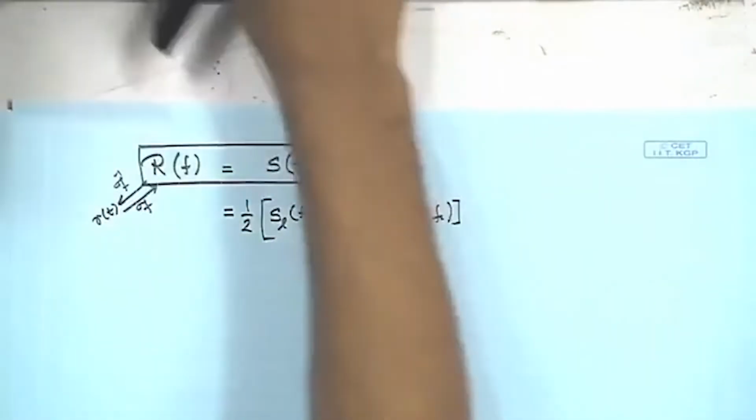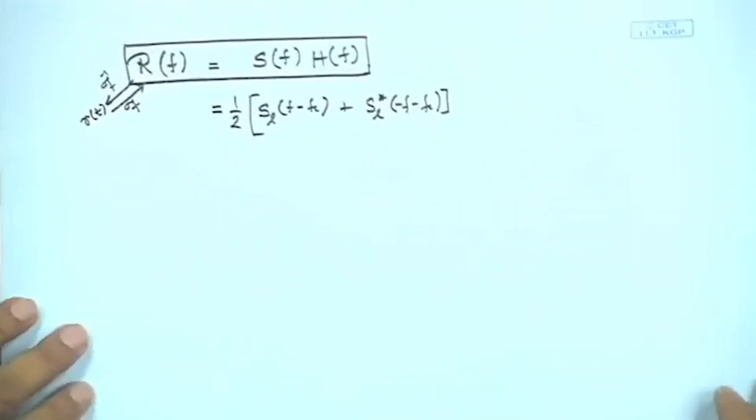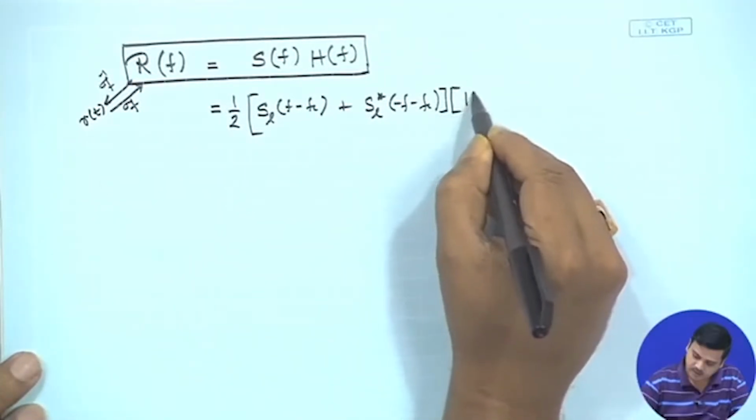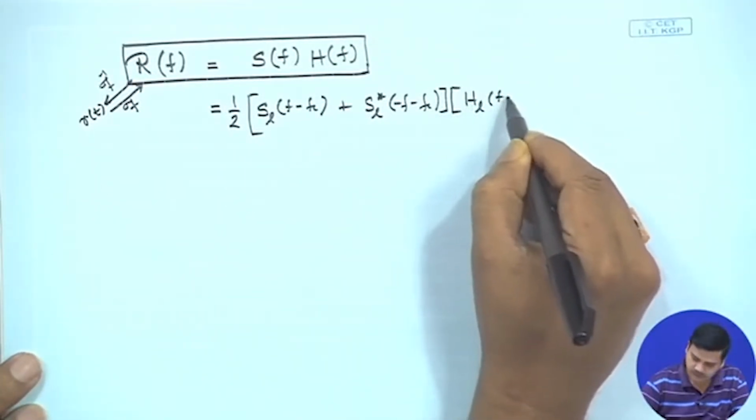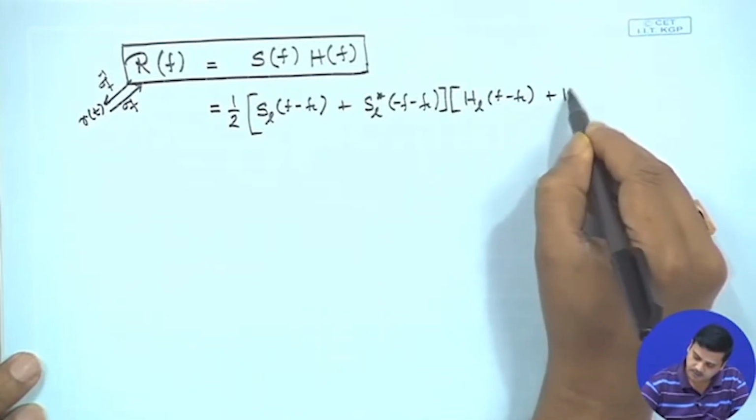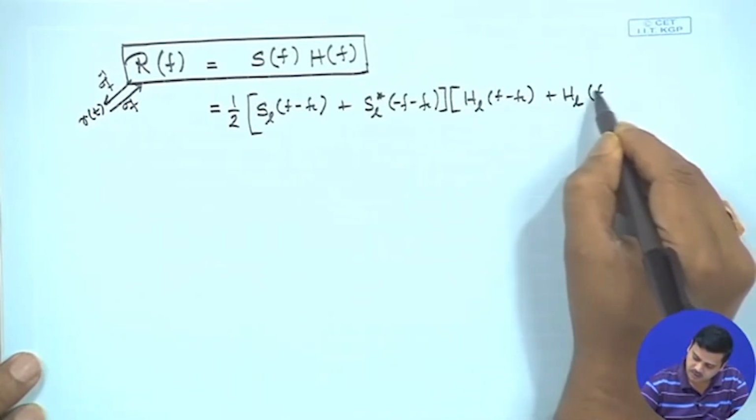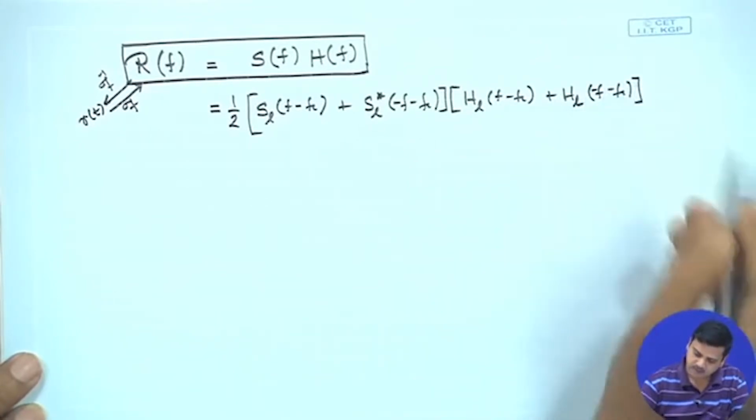So we will follow the same thing. Instead of the half, you simply have H_L(f minus f_c) plus H_L(minus f minus f_c).